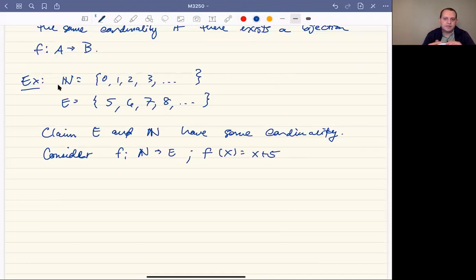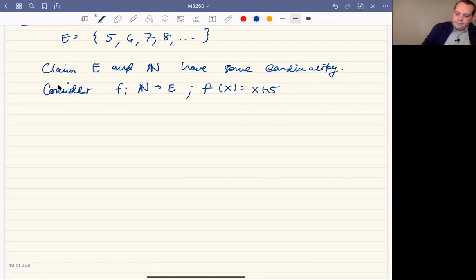And since there's a bijection, these two sets have the same cardinality. We must be able to put them in 1-to-1 correspondence. I don't think it's that useful to talk about the actual rule that puts them in 1-to-1 correspondence. I think it's more useful to think about it in terms of the diagram.